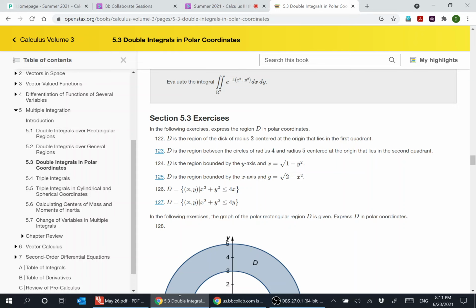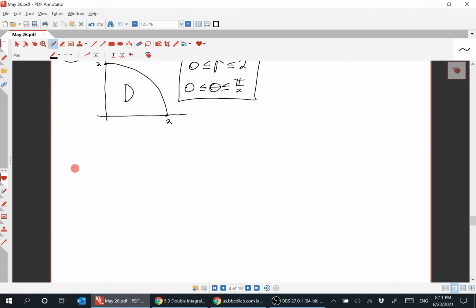So we have x squared plus y squared less than or equal to 4x. So the region defined by this, well, this is definitely a type of circle, right? Move the 4x over here and then complete the square. Do you remember that? Take the 4, divide by 2, and you get 2, and square it, and then add that to both sides.